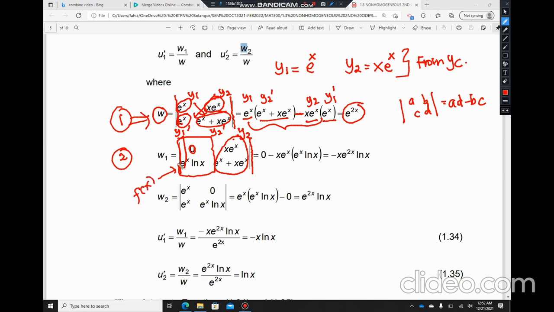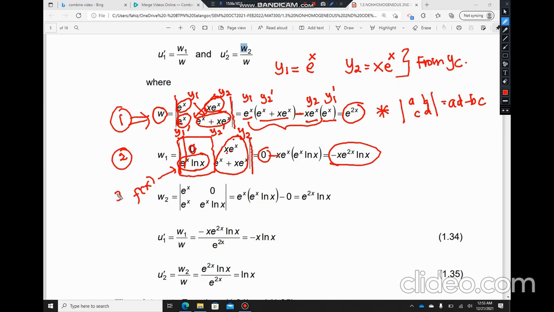Dari mana f(x) ni? Dari soalan asal tadi, dan dia equals to e^x ln x. Bila W1, gantikan first column dengan 0 and then bawah tu dengan f(x). Y2 kekalkan. Lagi sekali kita guna formula determinant: 0 multiply by e^x plus xe^x dapat 0, minus xe^x multiply by e^x ln x. Okay, so kita akan dapat W1.